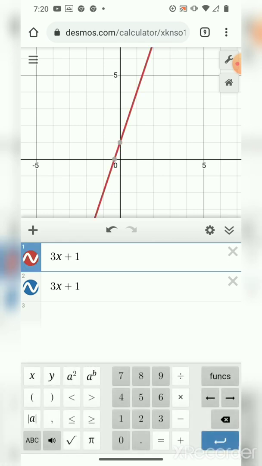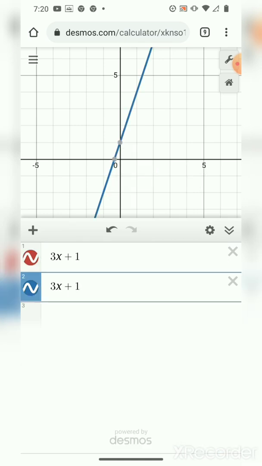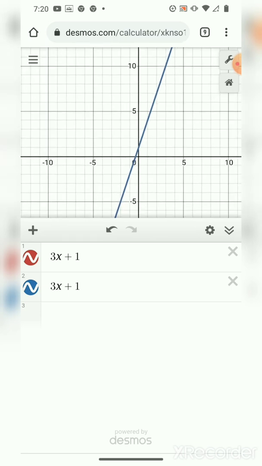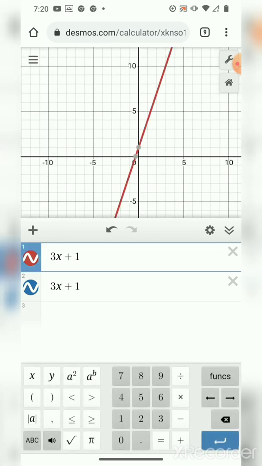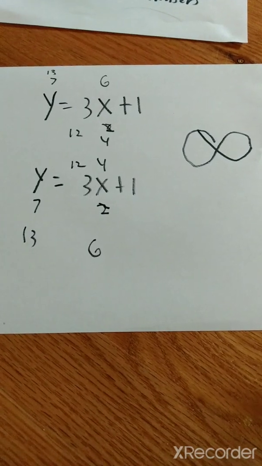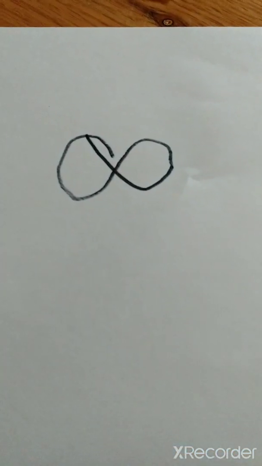So pretty much, anything on the line can be an answer to two of the same equations. These are all examples of why there are an infinite number of solutions and how you can tell.